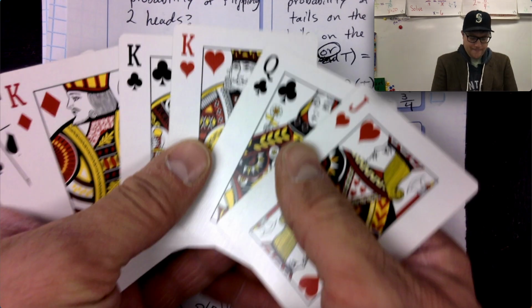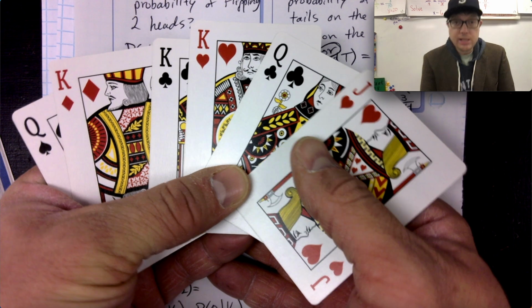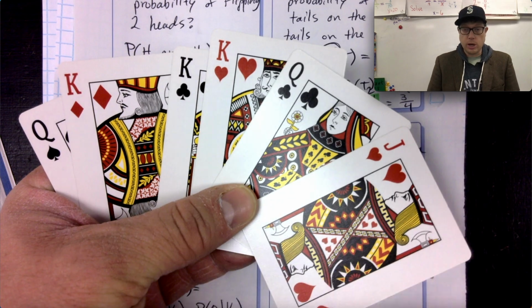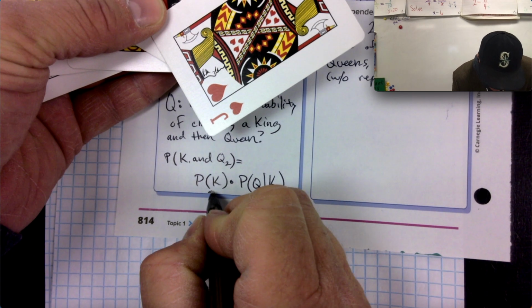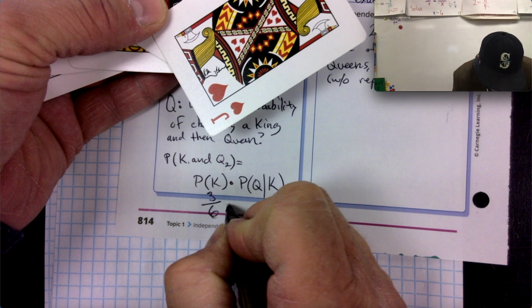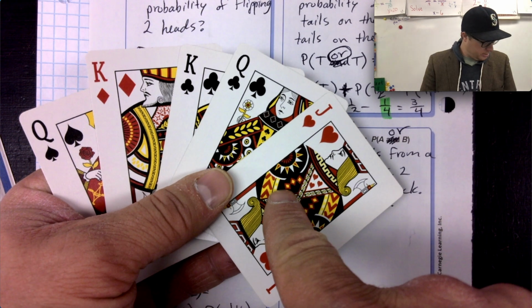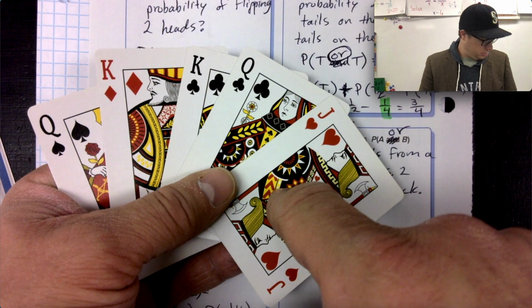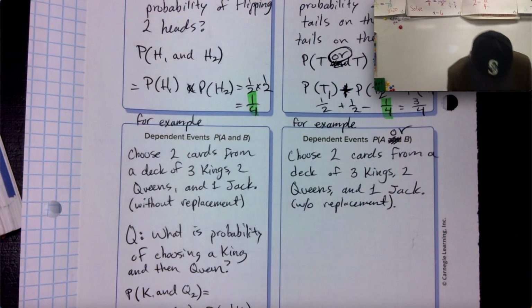Okay? I have 3 kings in the hand out of 6 total cards. So the probability of choosing a king is 3 out of 6. And I'm going to multiply that by, all right, take a king out. Gone. How many queens are left in this hand? 2 out of 5, 2/5.